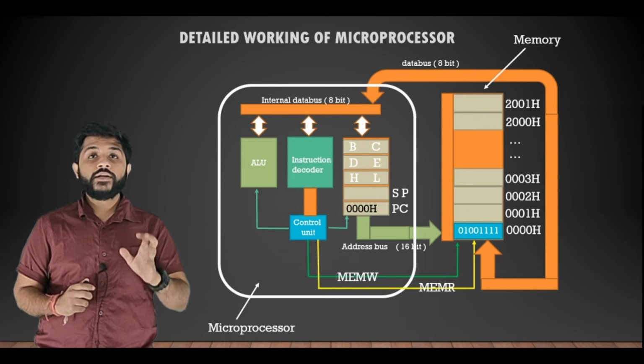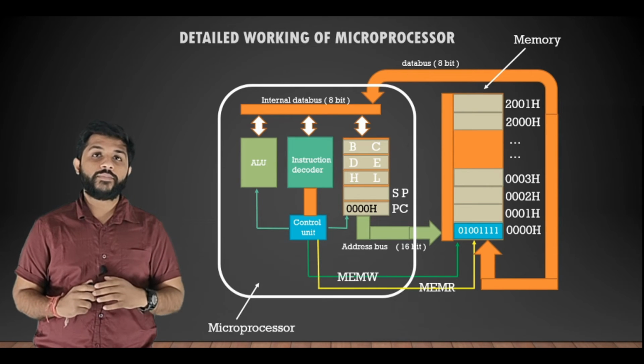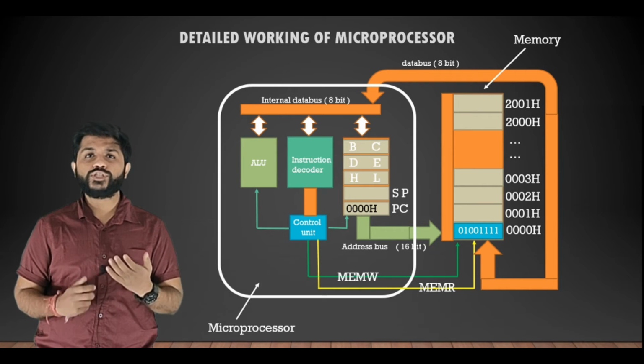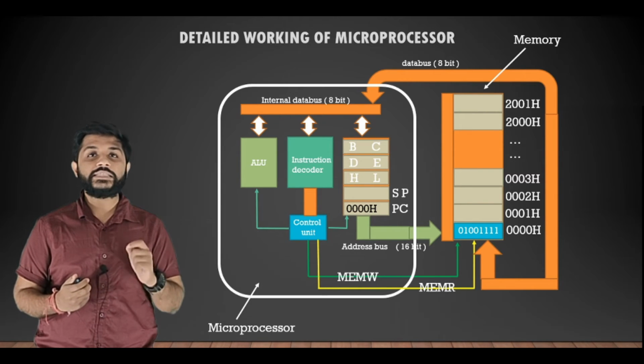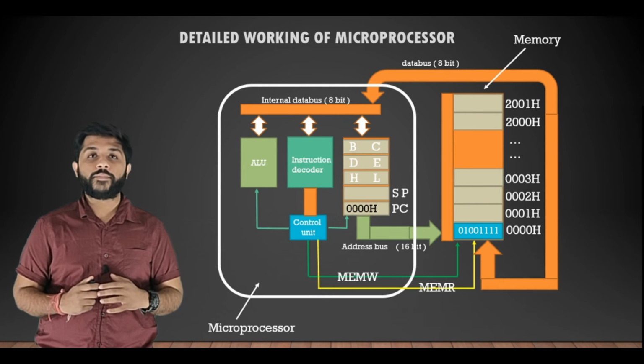You can see that the first instruction, and the only instruction, is stored in the memory in binary form, which is also known as machine language, the native language of the microprocessor. Now the microprocessor is programmed.